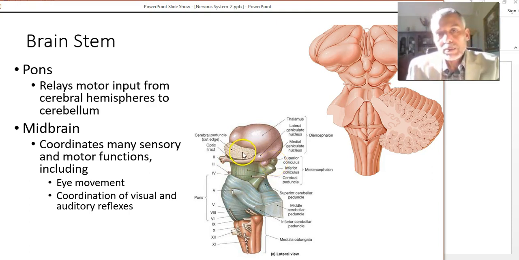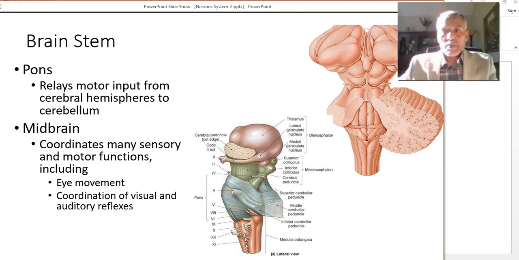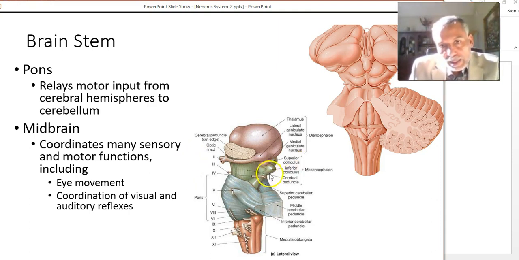But basically, the midbrain has pathways coming down and pathways going up. And it has the colliculi, the inferior colliculus that we studied last time, and the superior colliculus, so we know what they both do. So the midbrain coordinates many sensory and motor functions.